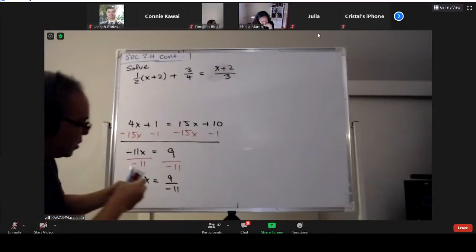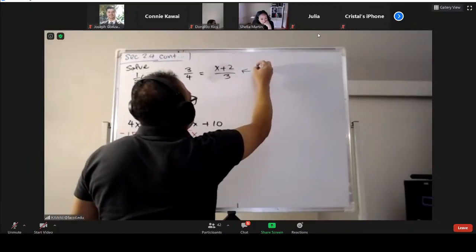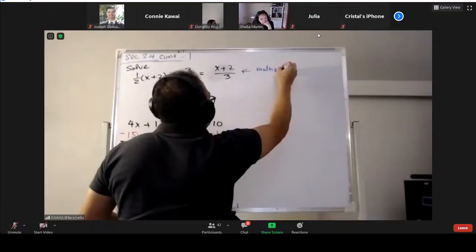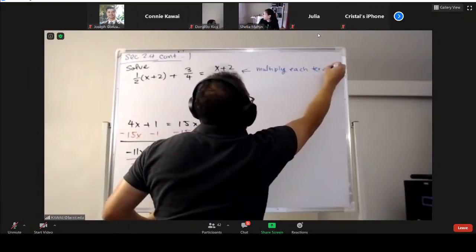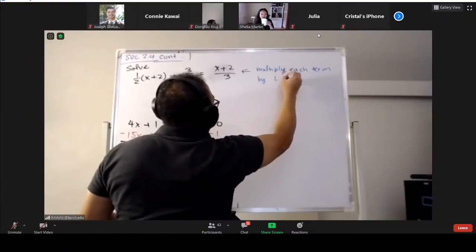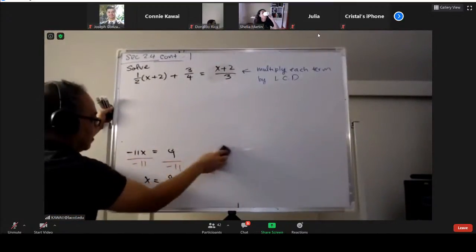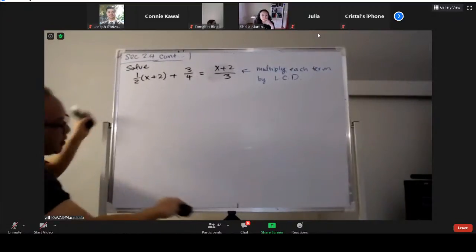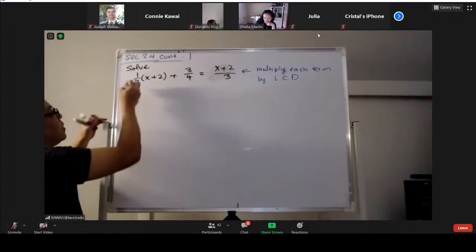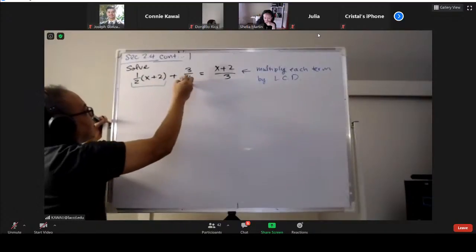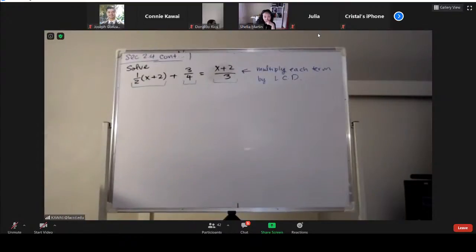What you want to do is multiply each term by the lowest common denominator. So first find the lowest common denominator. Terms are everything that are separated by a plus or minus. So this will get multiplied by 1, this will get 1, and that will get 1. Go ahead and figure out what the lowest common denominator is.